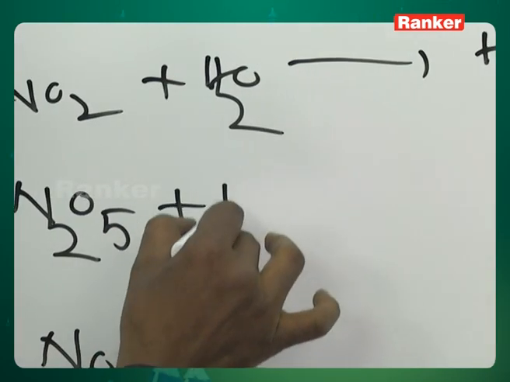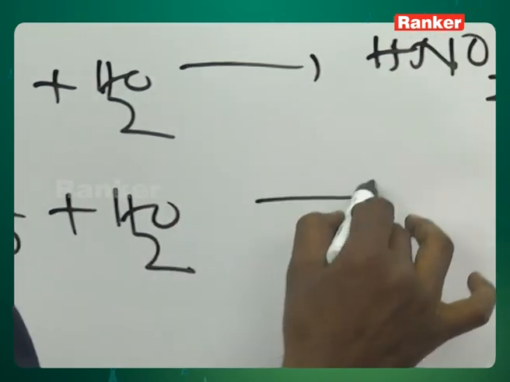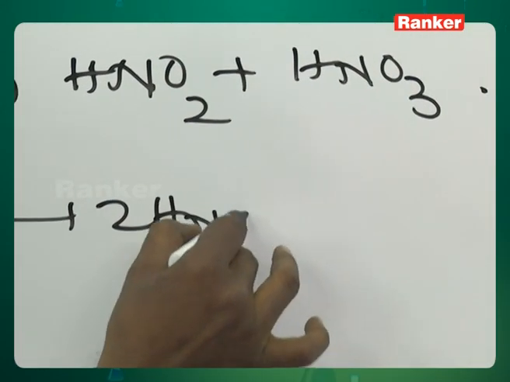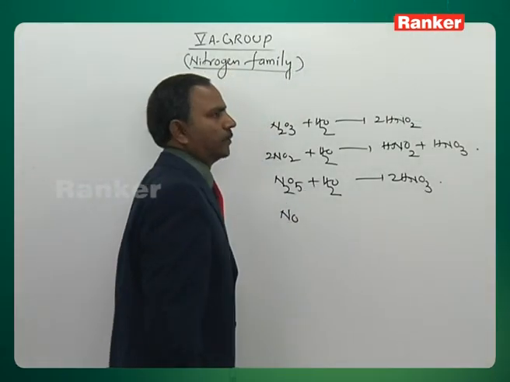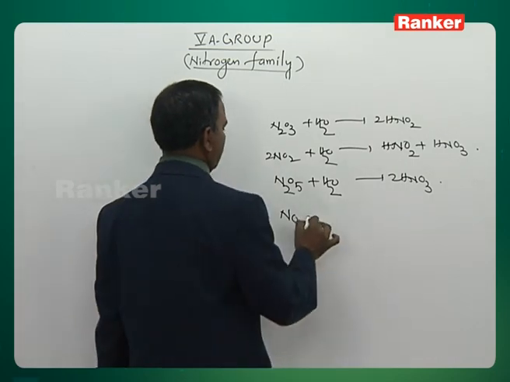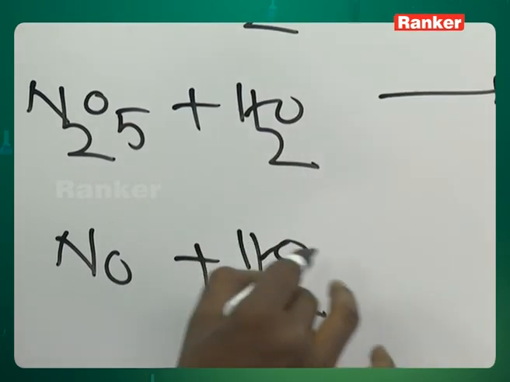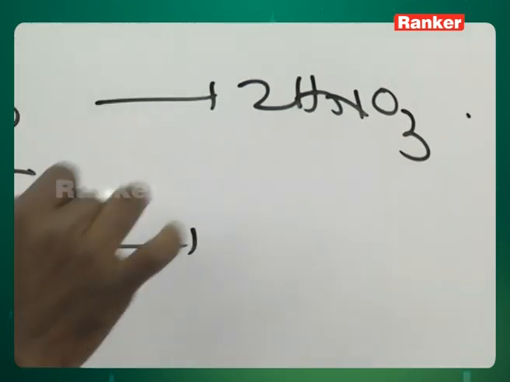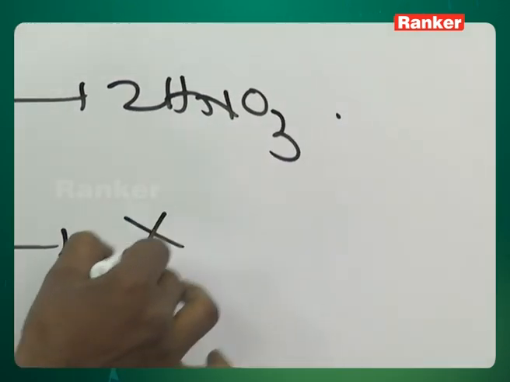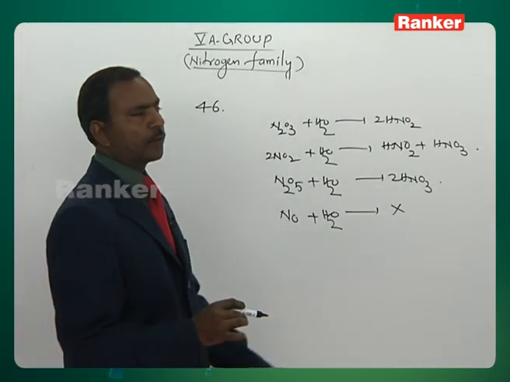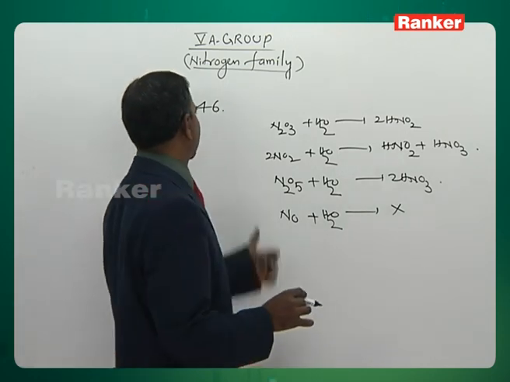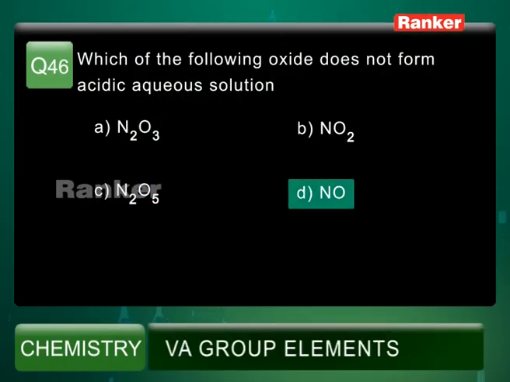N2O5 is well known to you, this is producing nitric acid solution, acidic. But NO, putting into water, is not producing any acidic solution. Therefore, question number 46, answer is D.